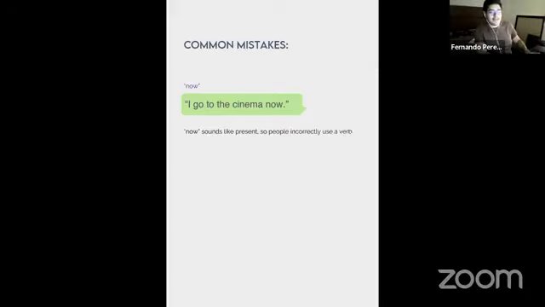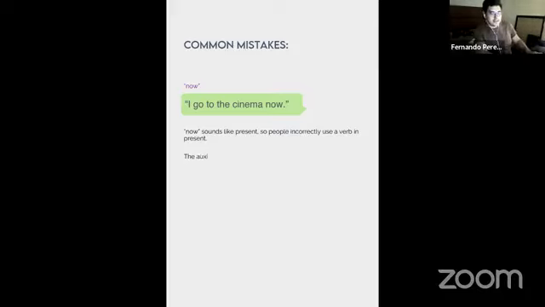So people incorrectly use a verb in present to speak together with now. This is the biggest problem. So people incorrectly use a verb in present. You know?